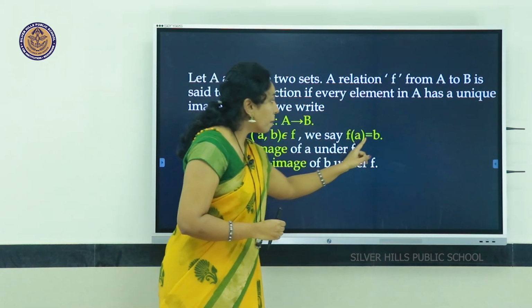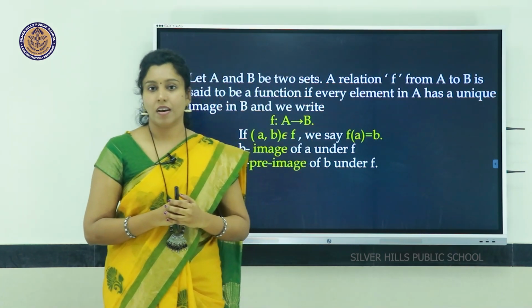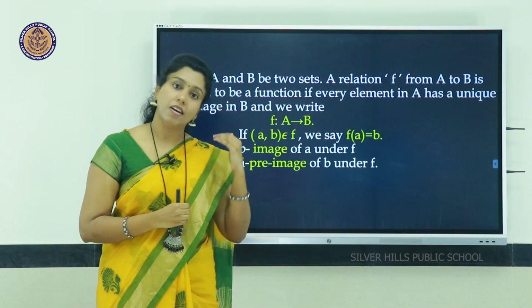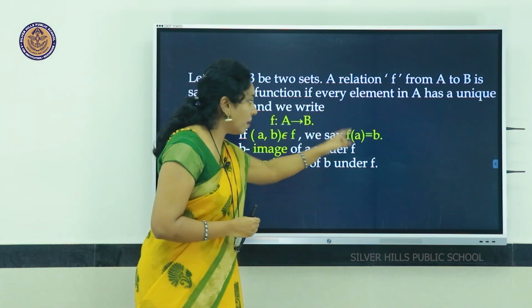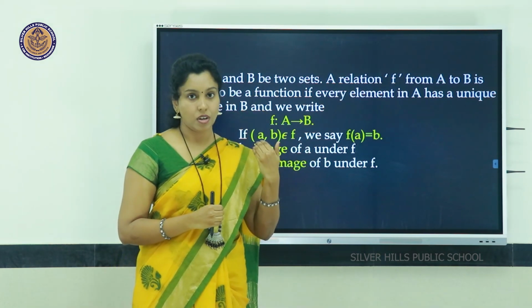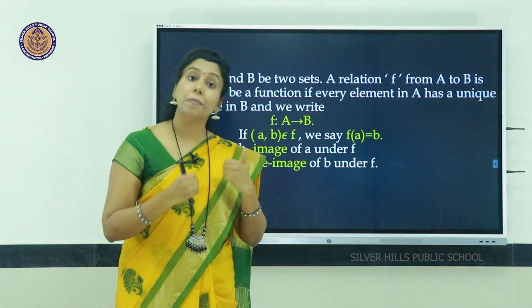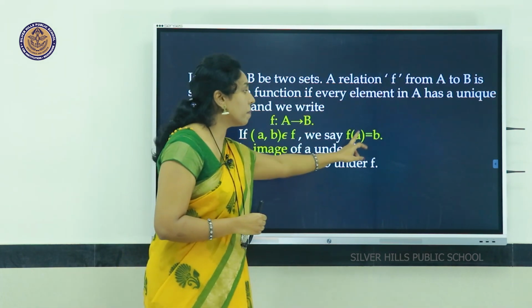So, here b is called the image of a under f. And what is the name of a? We say a is a pre-image. b is called the image and a is called the pre-image of b.